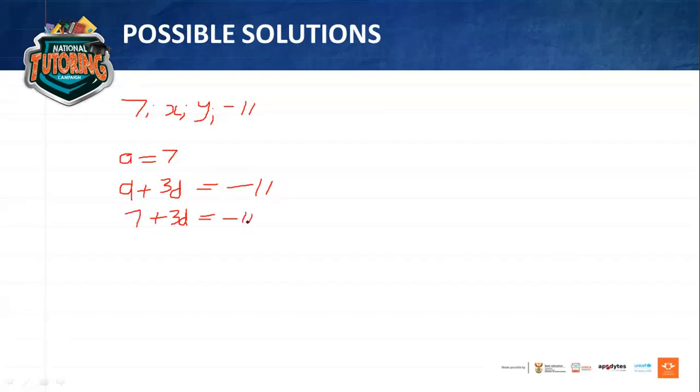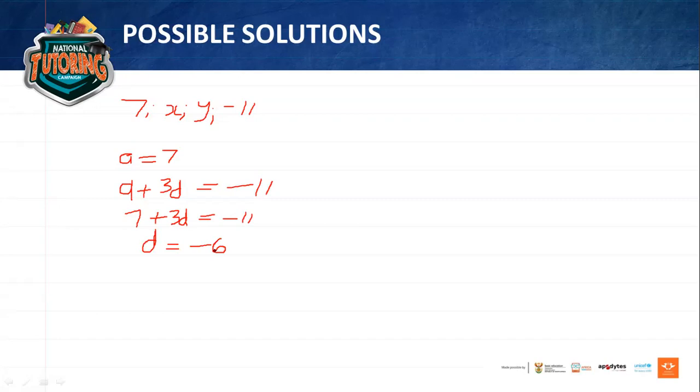From there, we can get the difference. When you take the 7 to the other side, you would be able to get the difference. So now we can get that our d would be minus 6. So the value of d would be minus 6.